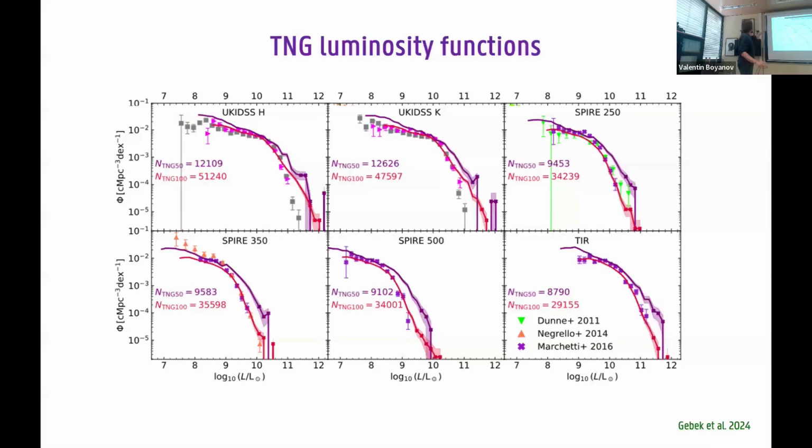You have the same here in the near and far infrared. The TNG100 really predicts the right number of galaxies in every luminosity bin, which is quite a nice thing. These are both TNG after processing with SKIRT. This comes down to about 10,000 SKIRT simulations to make these figures.